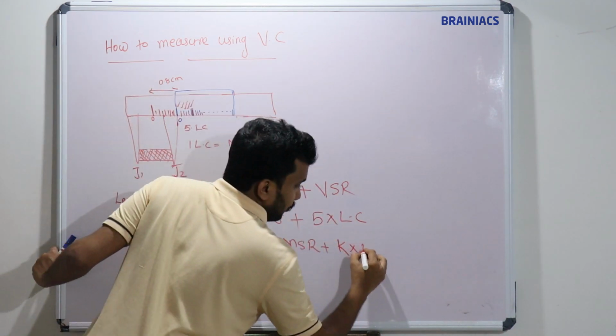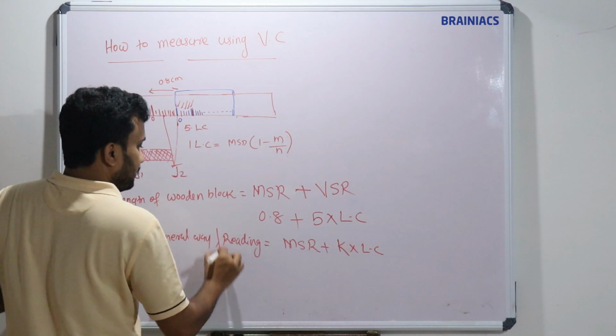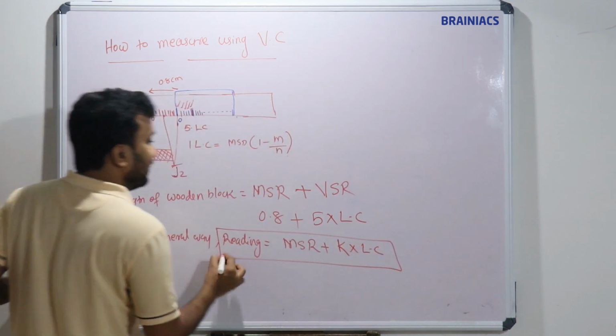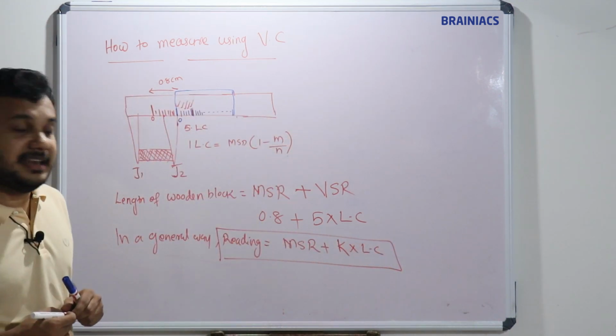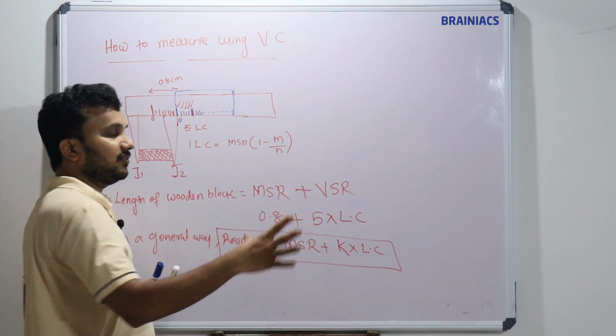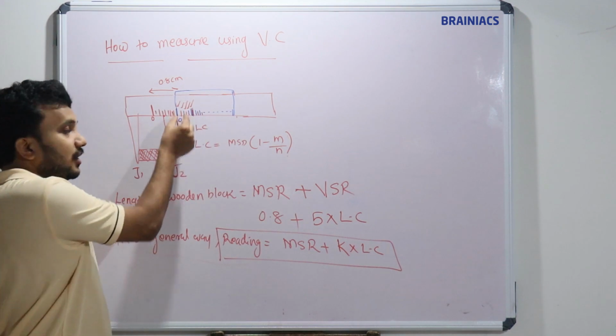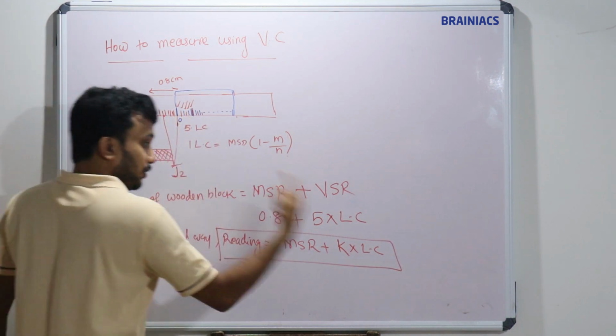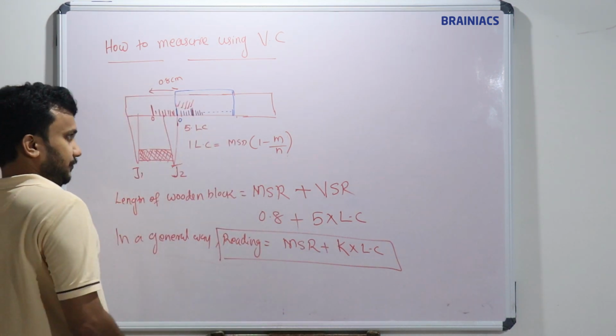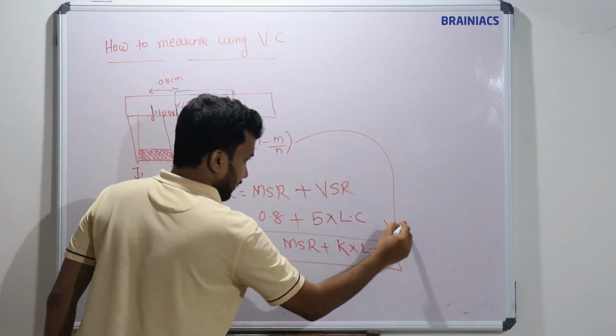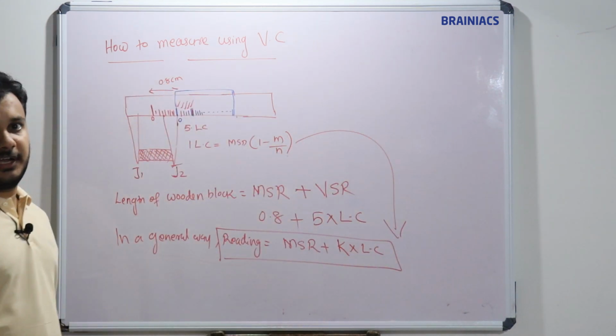So K into least count. This is the formula to read the length of any item or any device: MSR plus K into least count. K is the least count number. We can substitute here and find the value.